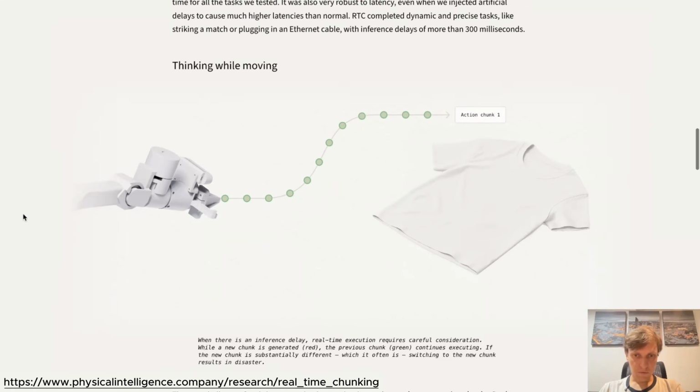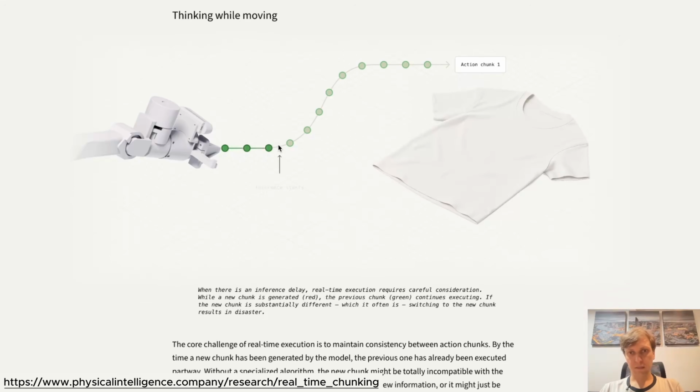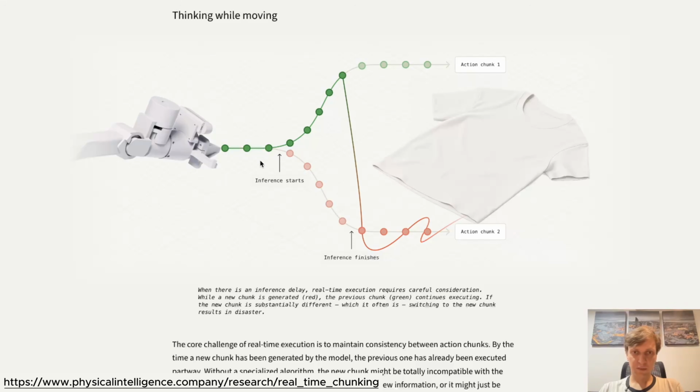For example, if you look at this image, let's say one chunk can go up, another chunk can go down. And if we started to make predictions here for the second chunk, but continued to move as the first chunk, then we'll have a very big difference between this step and this step, and it will probably make the robot move very abruptly, and probably make it fail whatever it's doing.